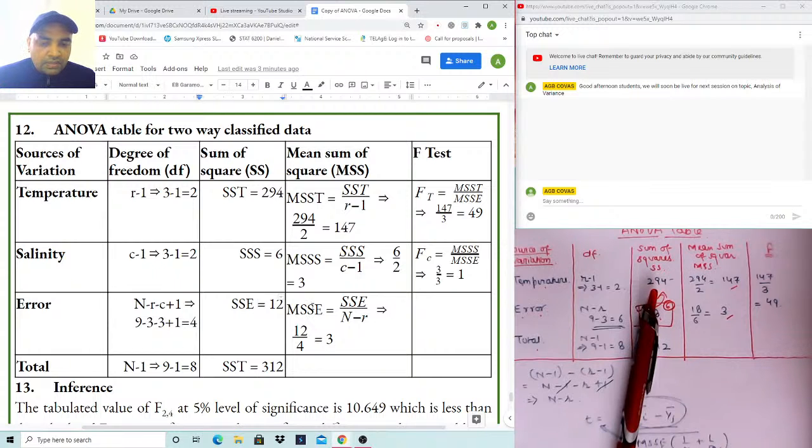So this MSSE, the error, will be equal to this 12 divided by this 4, which will be 3. So this FT will be 49 and this FC will be 3 by 3 equal to 1.